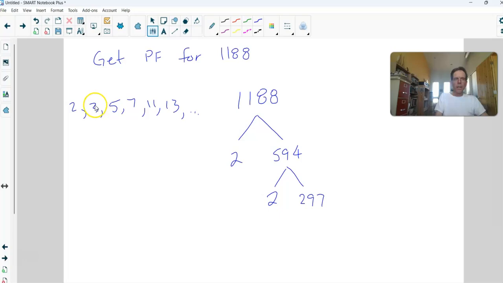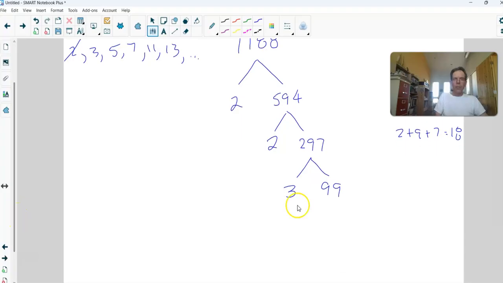Okay, so we're done with 2. The number on the right is no longer even, so the question is, does 3 divide in? Divisibility says if we add the digits, we get 18. That's divisible by 3. So this number is divisible by 3. If you divide by 3, you get 99. That's still divisible by 3. And it goes in 33 times.